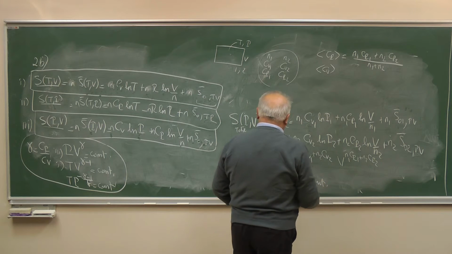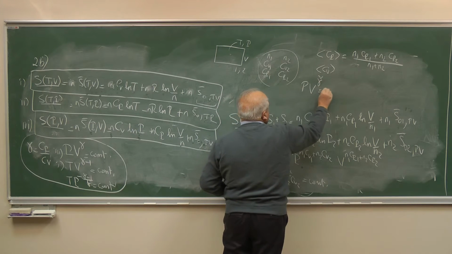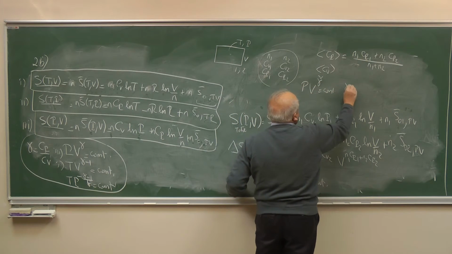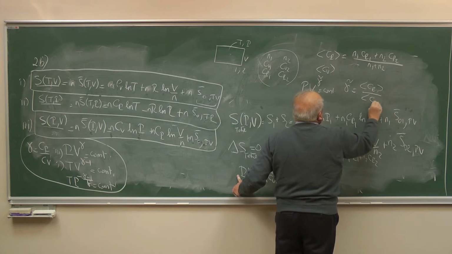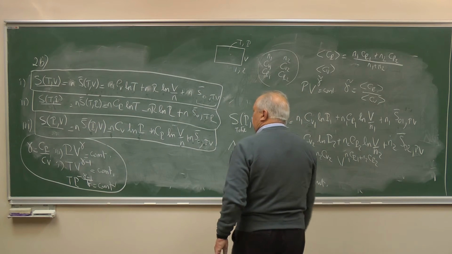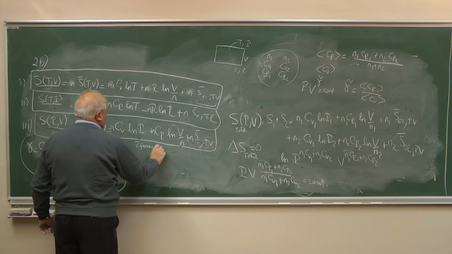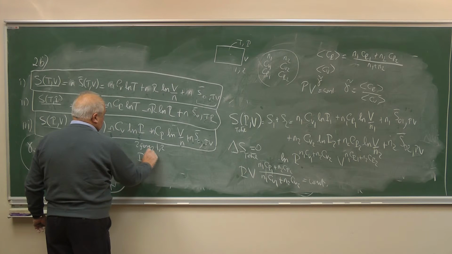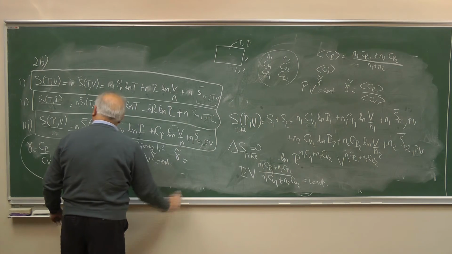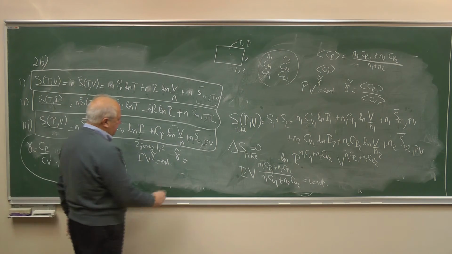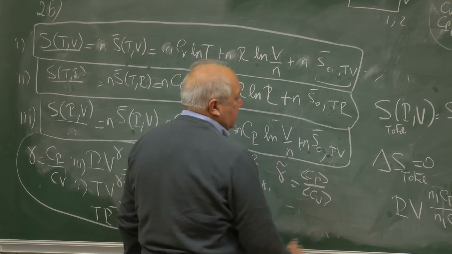So we see that the adiabatic invariant is PV^gamma tilde equal to a constant, where gamma tilde is the average of CP divided by CV. So this is one gas, two gases, 1 and 2. Gamma tilde is not CP over CV because we have two gases. It is CP average divided by CV average.